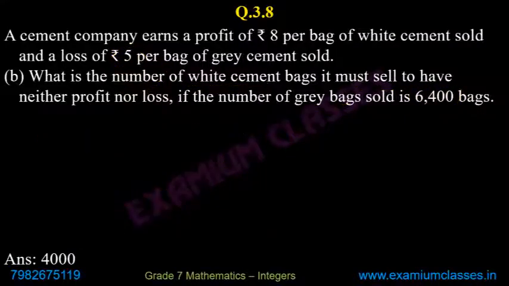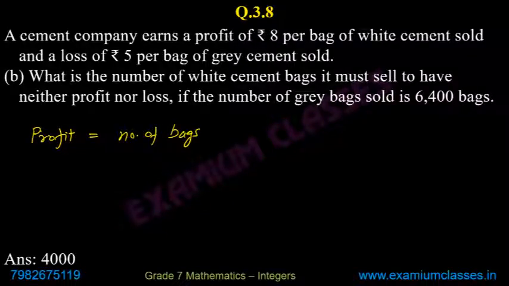So what I have used here is that profit is equal to number of bags multiplied by profit per bag. And this is the same thing, if you remember, what I told you in sixth grade. Number of anything.